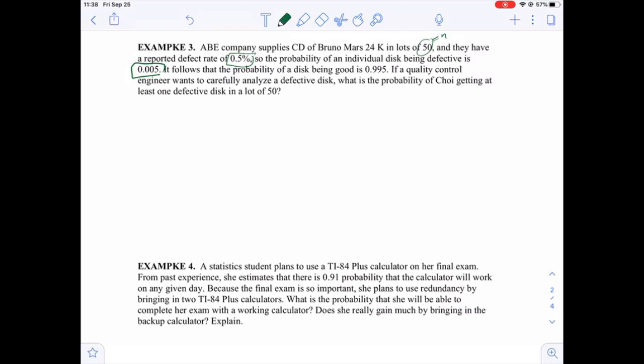Okay, now we have, it follows that the probability of a disk being good is 0.995.